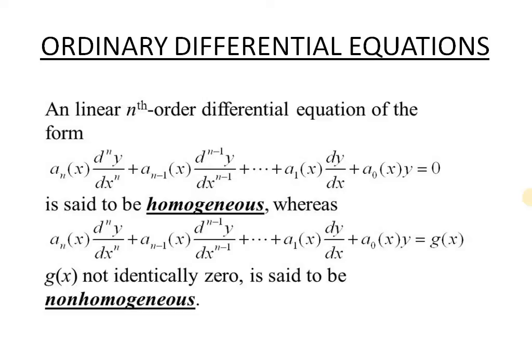This equation is said to be a homogeneous differential equation. If the right hand side of the equation is a function of x, say g(x), which is not equal to 0, then the equation is a non-homogeneous differential equation.